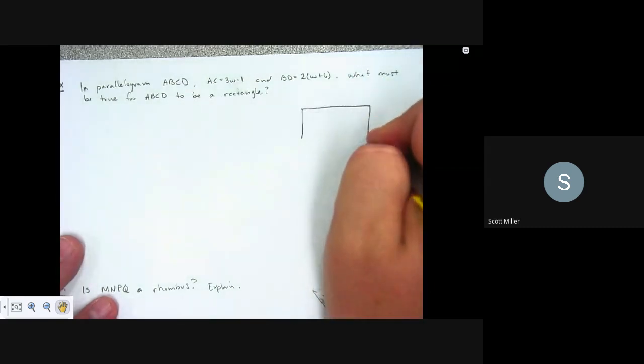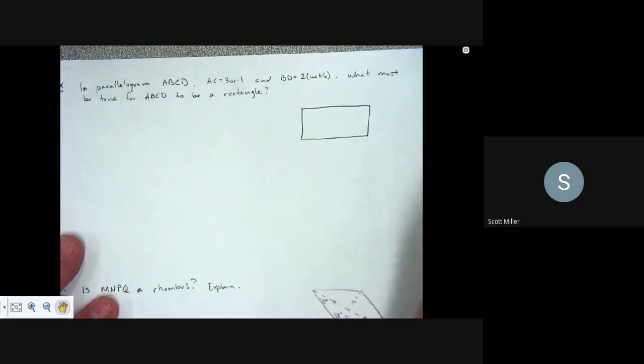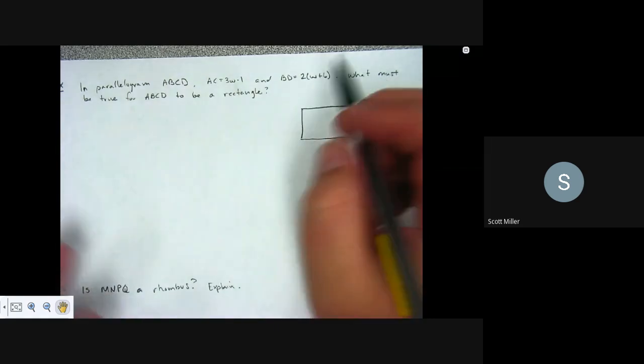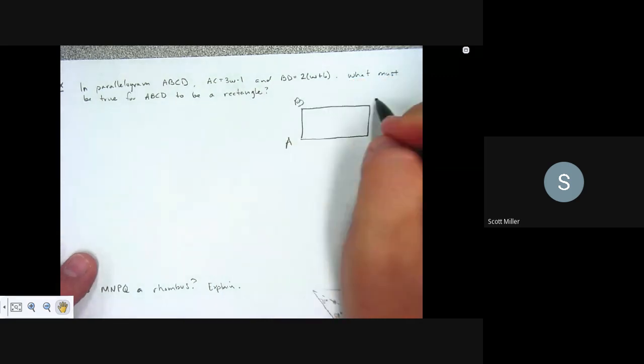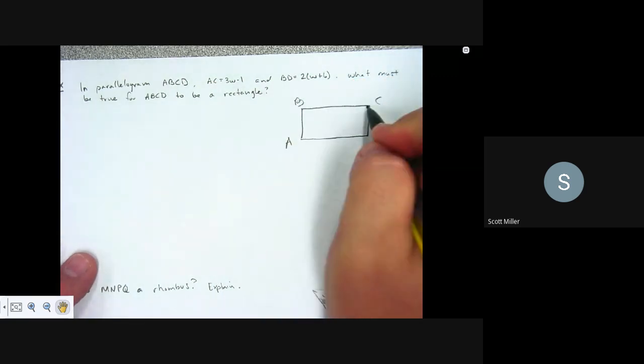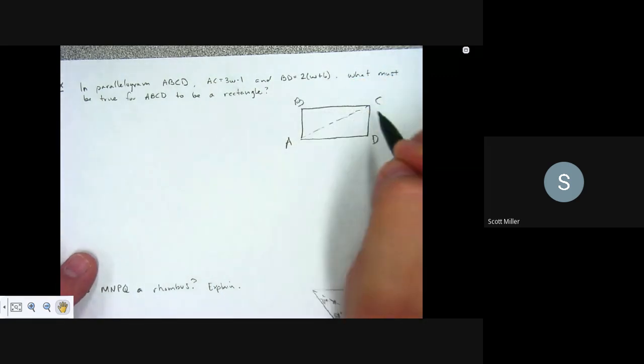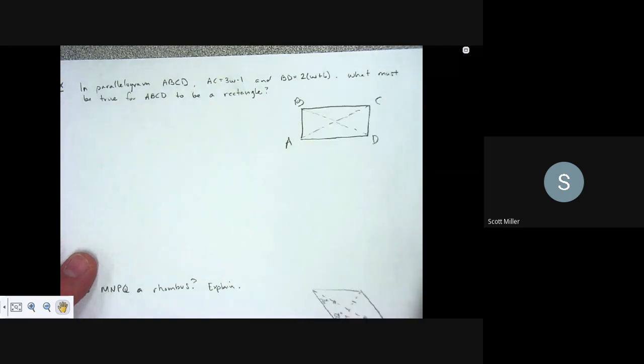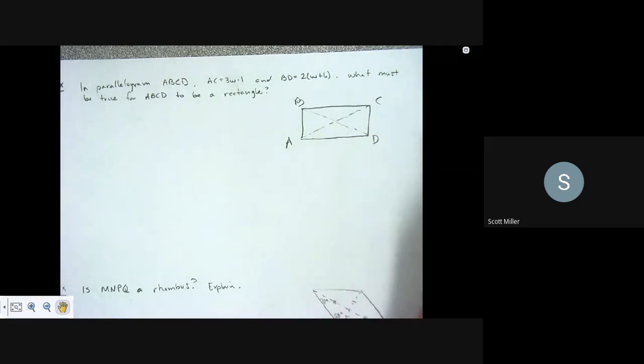Assume it's a rectangle. It may not look it, so we don't really know that it is until we find out that it is. I have diagonals because AC is a diagonal, BD is a diagonal.